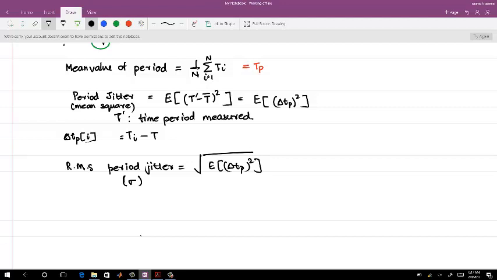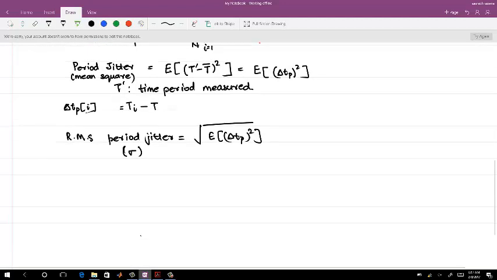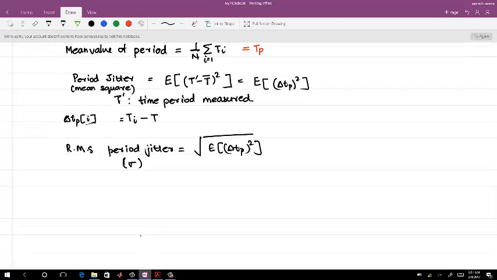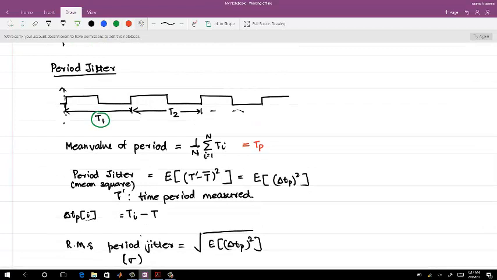So you know the RMS. Let's say all this is happening in the presence of Gaussian noise. That means on each of these rising edges there is a Gaussian noise, and based on the Gaussian noise the edge shifts.